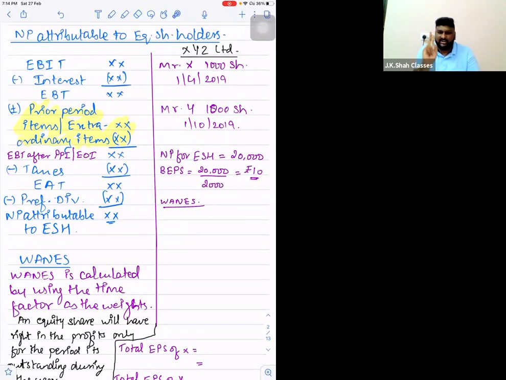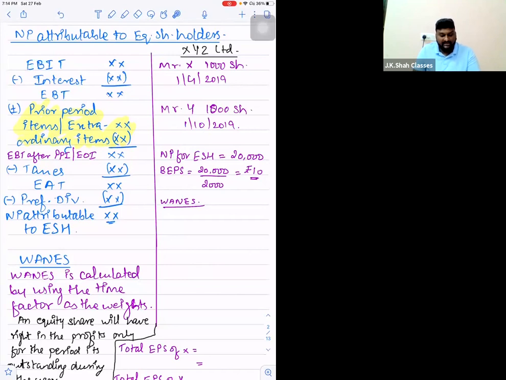One is Mr. X, who has 1,000 equity shares as on 1st April 2019. Another shareholder is Mr. Y. He also has 1,000 shares, but he got them from the company on 1st October 2019.